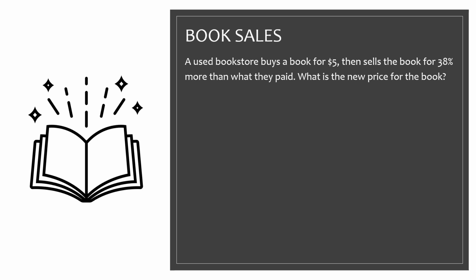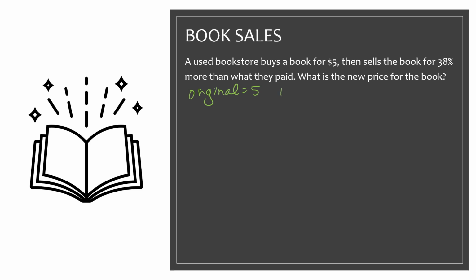Okay, so how do we do this? So let's take a look at what we know. We know that they bought a book for $5. So the original was $5. Then they sold the book for 38% more.